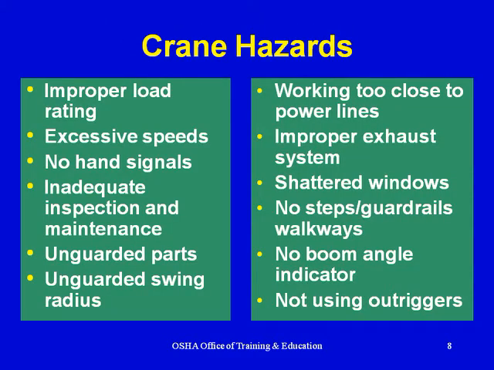Crane hazards: improper load rating, excessive speeds, no hand signals, inadequate inspection and maintenance, unguarded parts, unguarded swing radius, working too close to power lines, improper exhaust system, shattered windows, no step guardrail walkways, no boom angle indicator, not using outriggers.